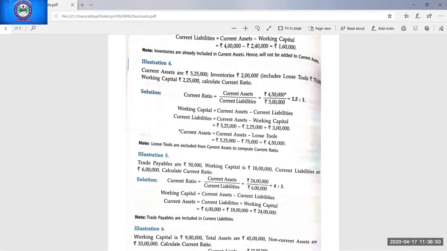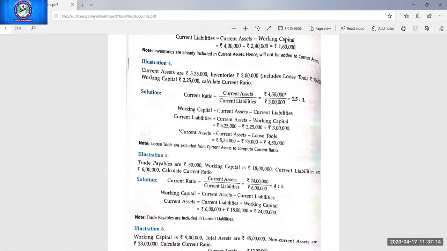Yes, fast. Giving 2 minutes. Working capital 9 lakh. Total assets 45 lakh. Non-current assets 33 lakh. Total assets are given and non-current assets are given, so easily you can find out current assets.